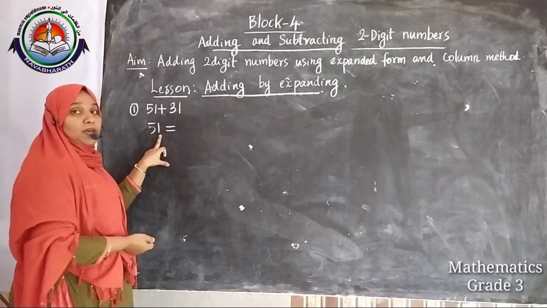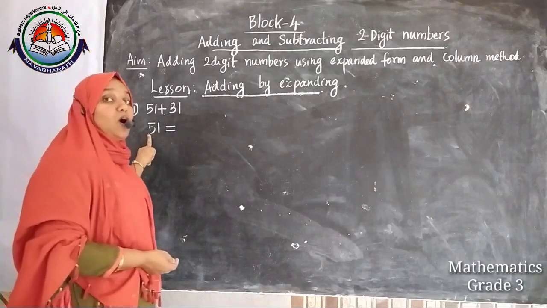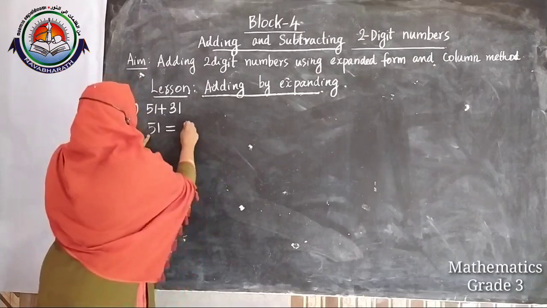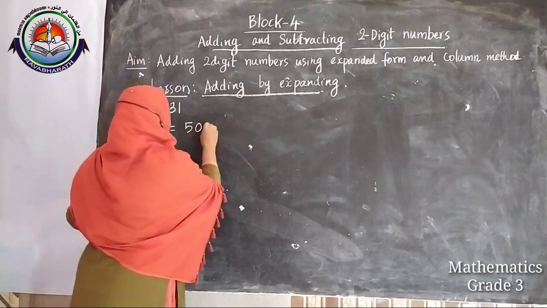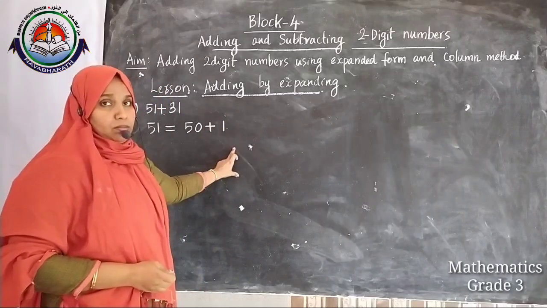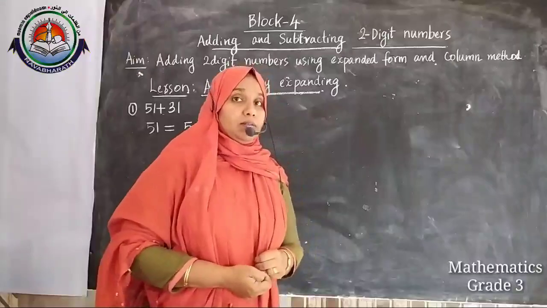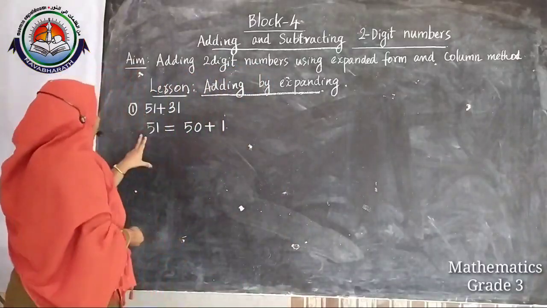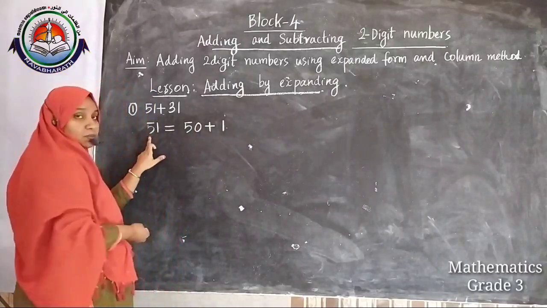This is in ones place, this is in tens place. How many tens are there? 5 tens, so we can write 50 plus 1. This we studied before in our second standard. So 51 is equal to 50 plus 1 because 5 is in tens place.